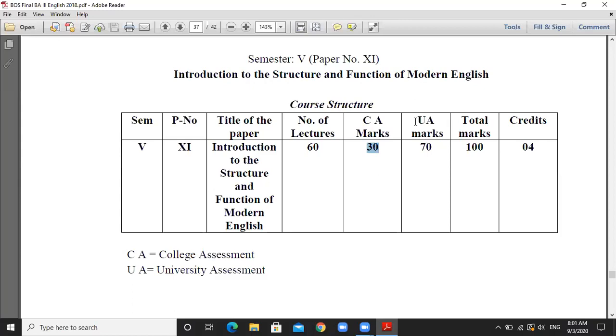And for university assessment, 70 marks. So for 70 marks, as it was last year, you are going to face a university examination. So total 100 marks, 60 lectures, 30 college assessment, 70 university assessment, total marks 100, credit 4, right?